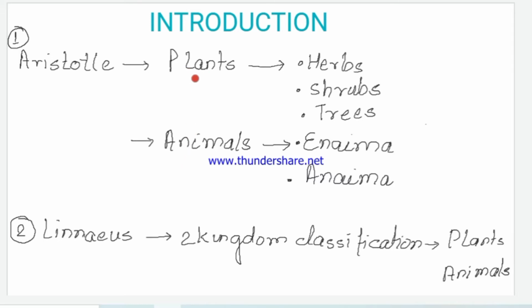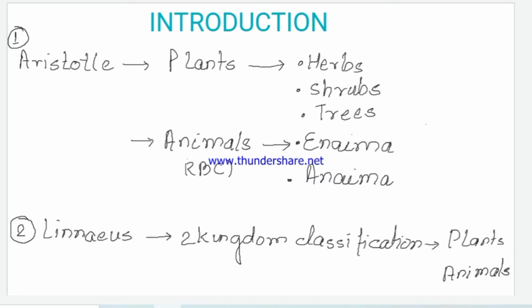He further classified plants according to their size, as herbs, shrubs and trees, depending upon the size of the plant, the branching and some observable characters. The classification of animals was based on the presence and absence of red blood cells.